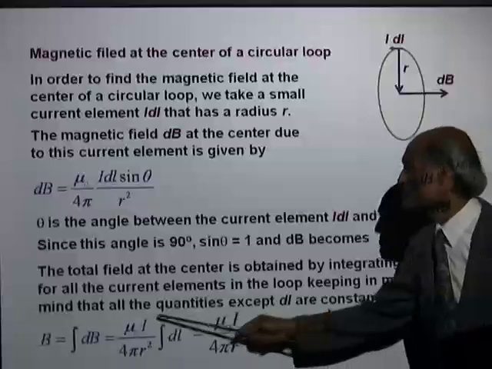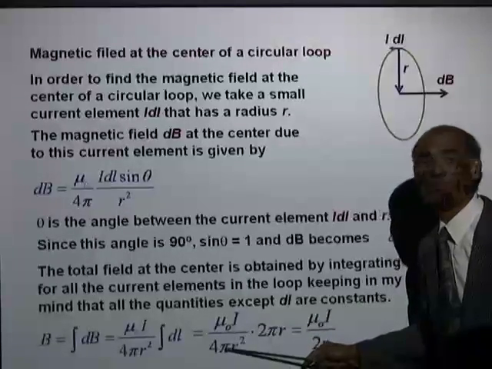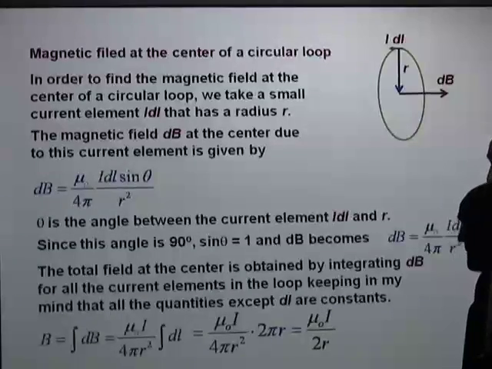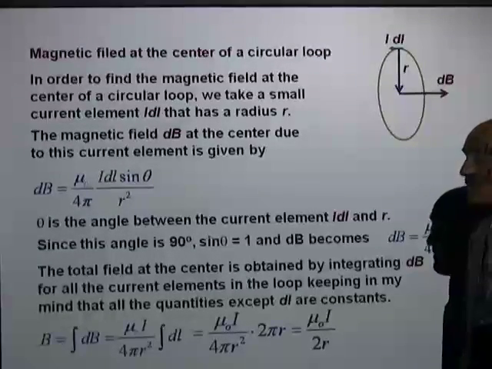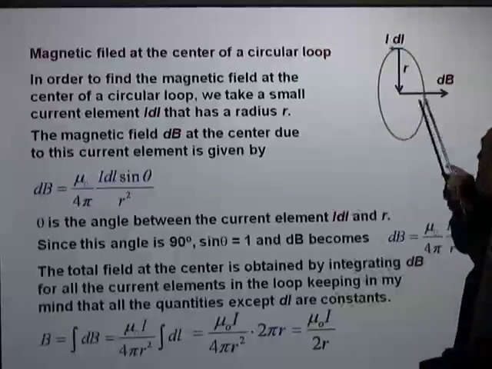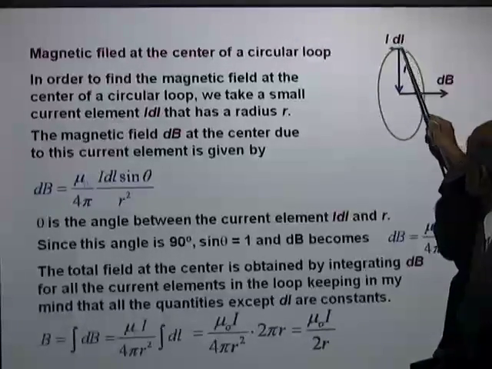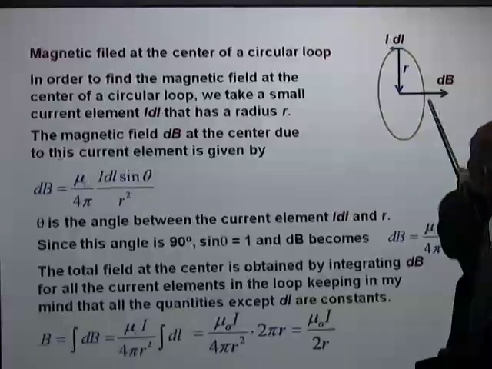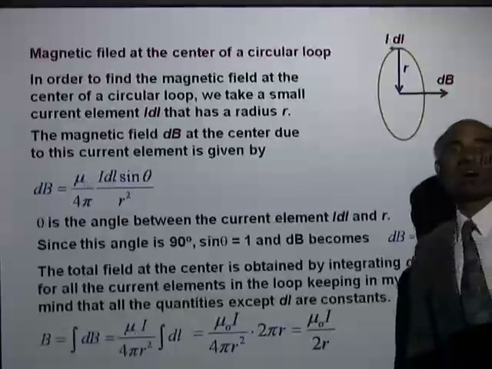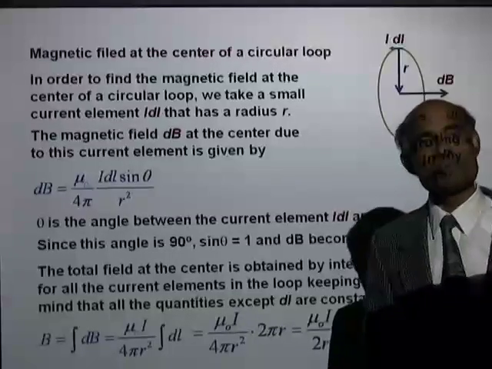Therefore, that will be mu 0 I over 4 pi r squared times 2 pi r, or mu 0 I over 2r. That's an important result: the magnetic field at the center of a current carrying loop of radius r is mu 0 I divided by 2r.